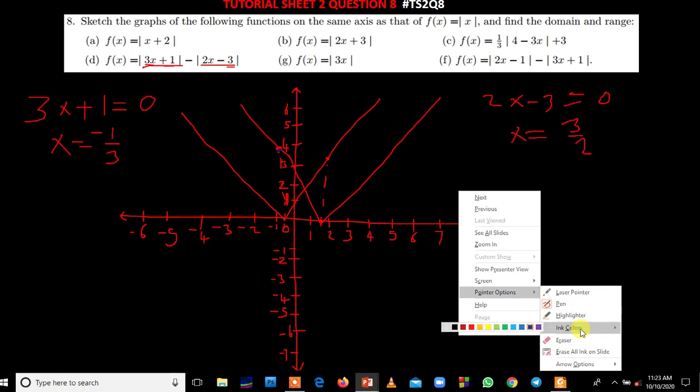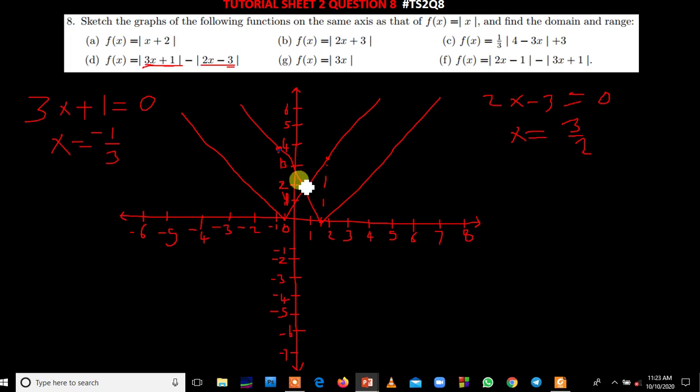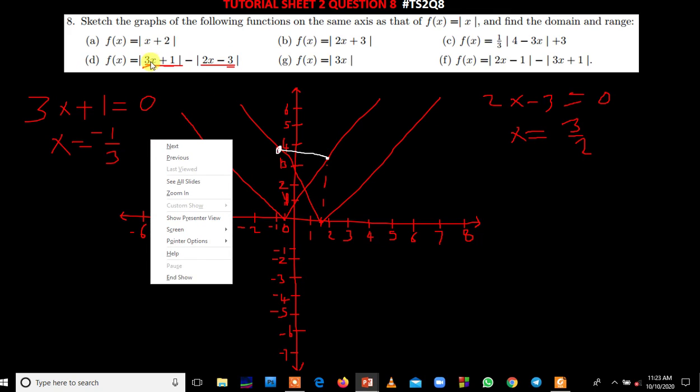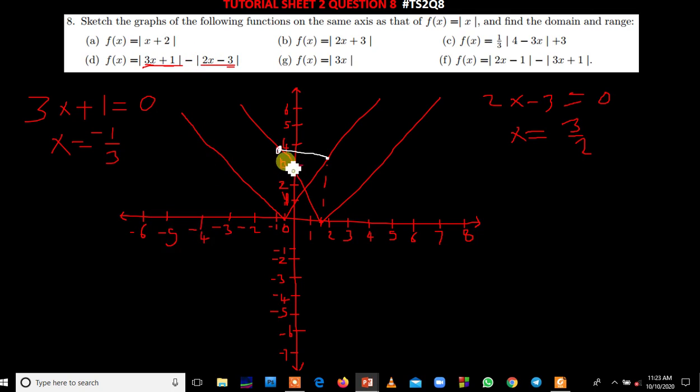Alright, so at these 2 points you draw a line joining the 2 points, and then how do you know the gradient of the lines that you have? You work out this solution. You say 3x, so you say 3x, this 3x here minus 2x, you are going to have x, meaning the gradient of the lines that you are going to draw will be x.